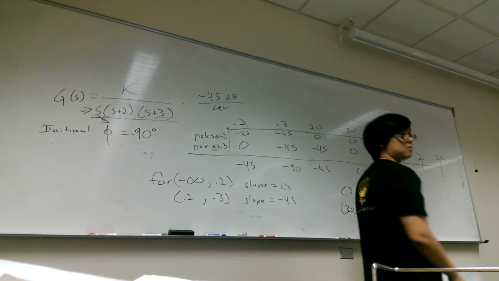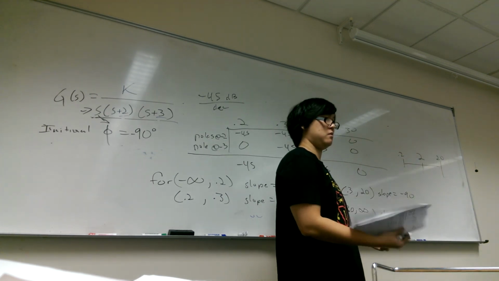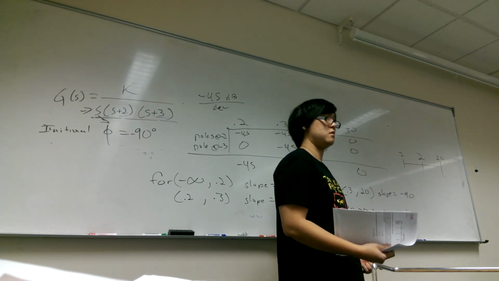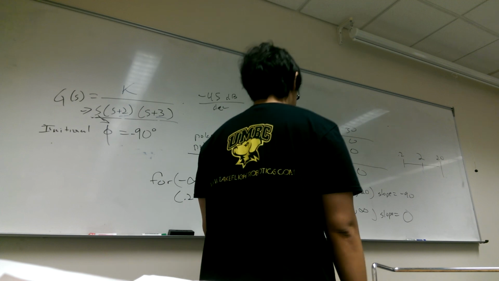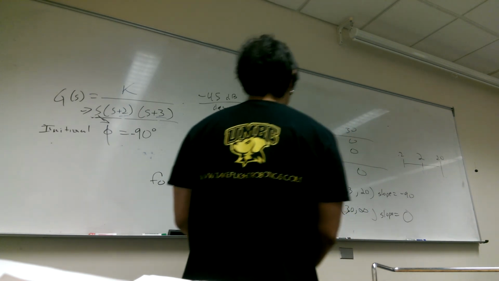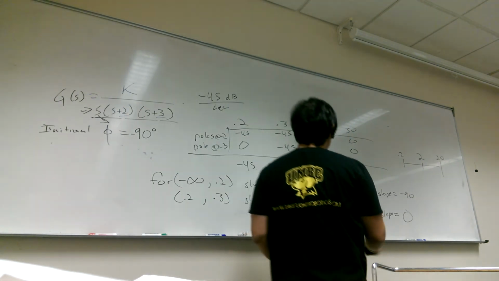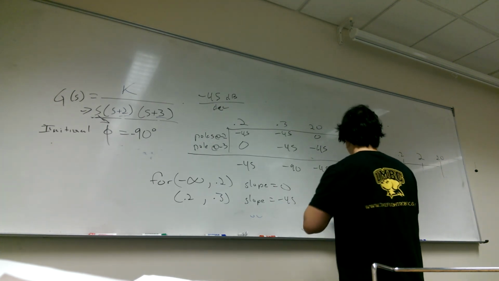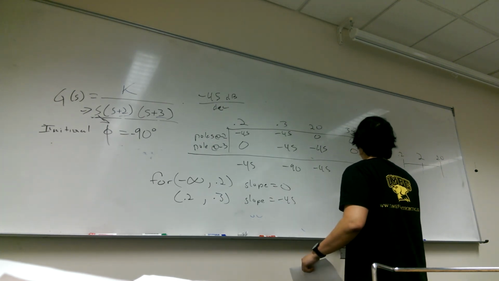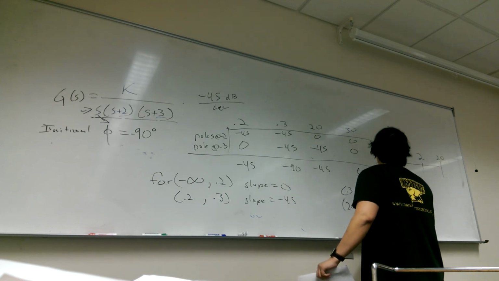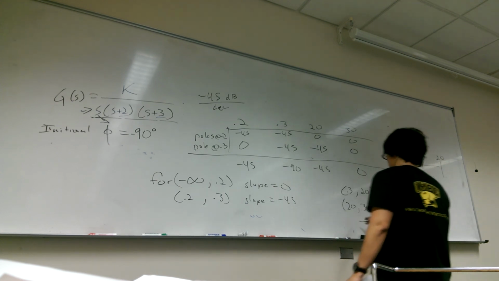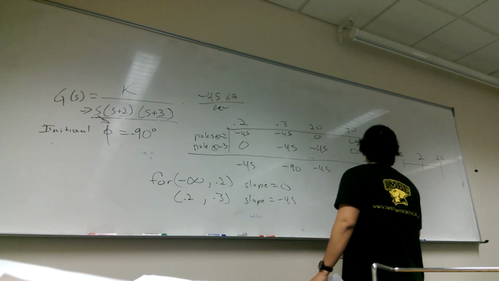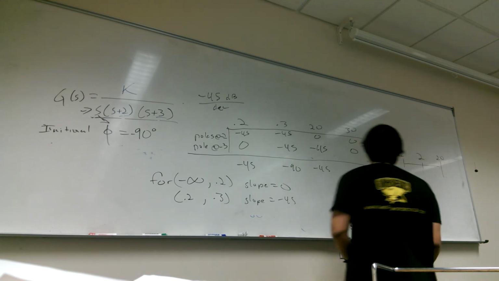Yeah, I think that was Ian's question. Does that help? Yeah, 20 to 30. And then 30 to infinity, slope 0.